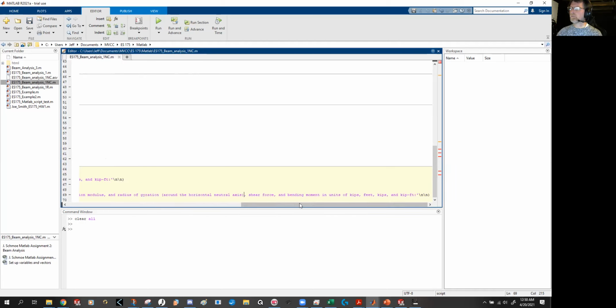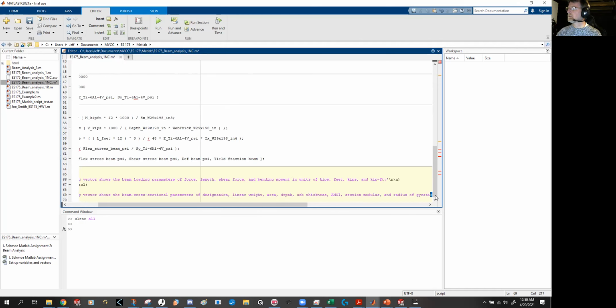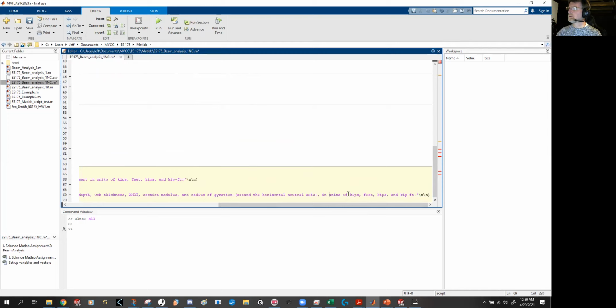Oof, lots more to go. In units of PSI or inches of appropriate exponent. Okay, good.